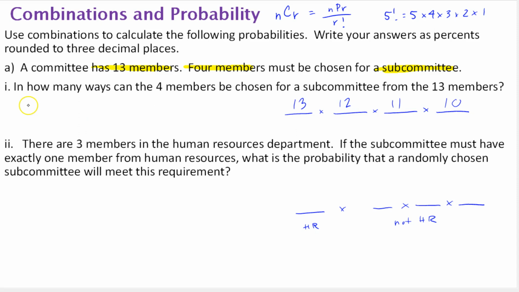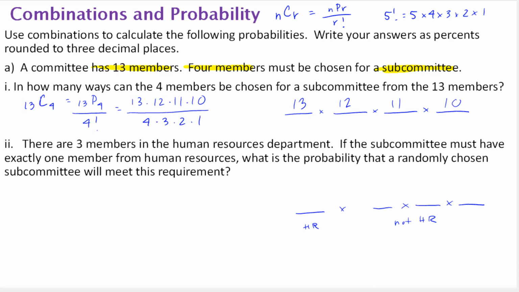So we have 13c4, the number of combinations of 13 objects taken 4 at a time, equals, let's just write the whole thing out, 13p4 over 4 factorial, which is 13 times 12 times 11 times 10 over 4 times 3 times 2 times 1.